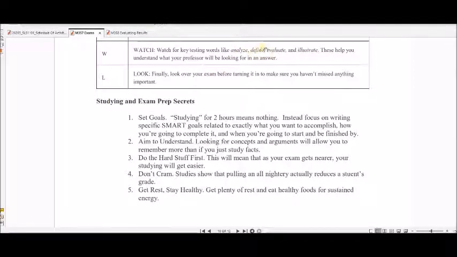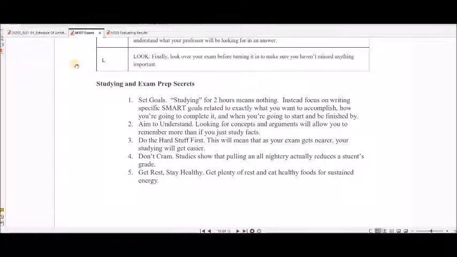There's a difference between analyze and define and evaluate, and if you are asked to analyze but instead you just illustrate, then the instructor is going to mark it off because you're not doing what you're asked. And finally, when you're done, and oh please do this, look over your exam. Make sure you haven't missed putting down any answers. Make sure it's legible, and just look over it.